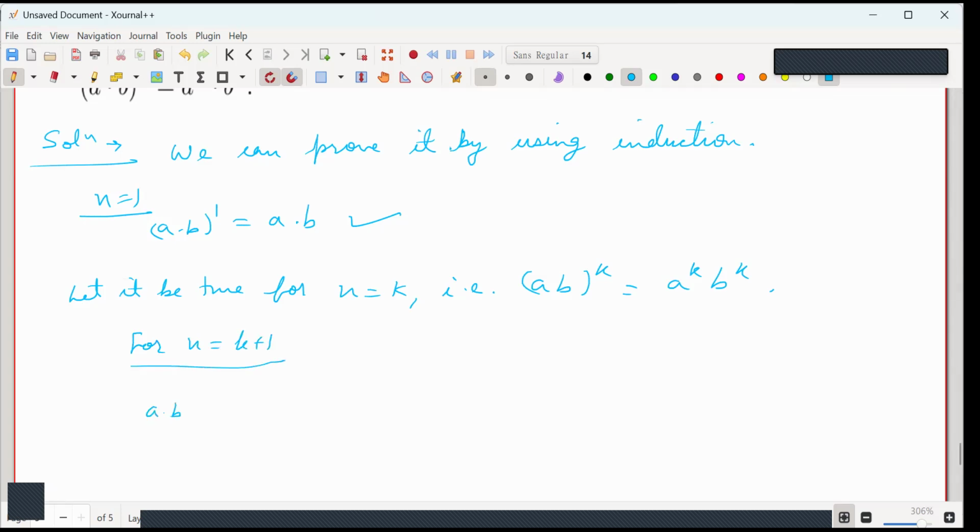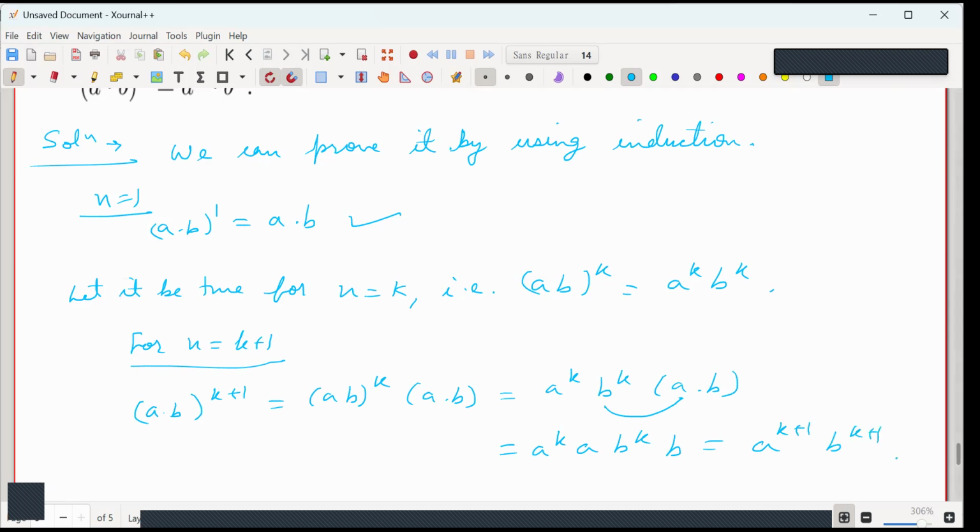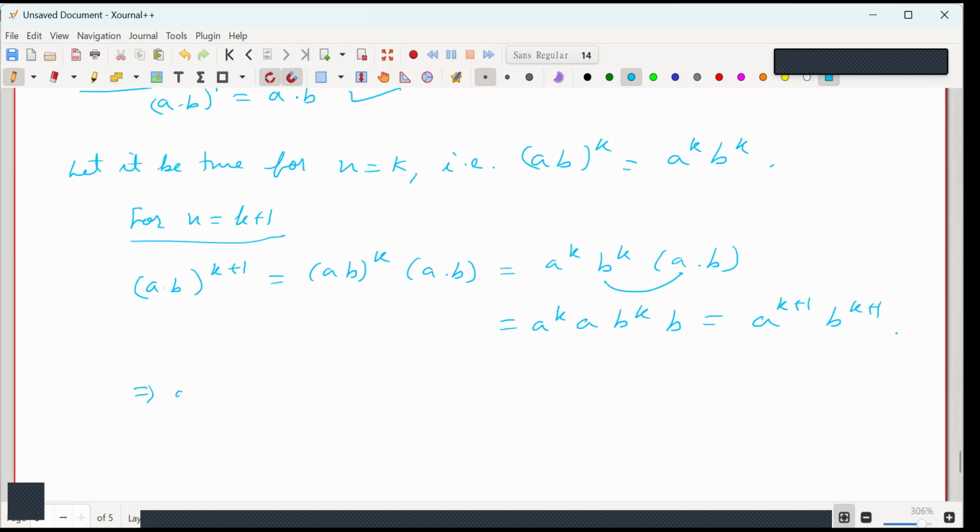So then this will be (AB)^(k+1), and this is same as (AB)^k times AB. But (AB)^k is A^k B^k, and you have AB. Since we are in an abelian group, we can swap these elements, and we will get A^(k+1) and B^(k+1). This implies (AB)^n is equal to A^n B^n for all n.